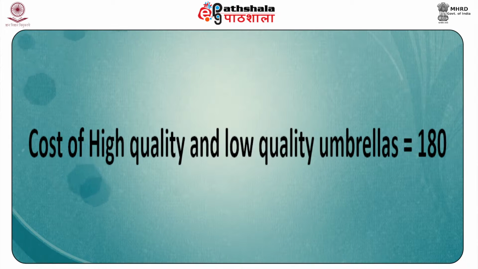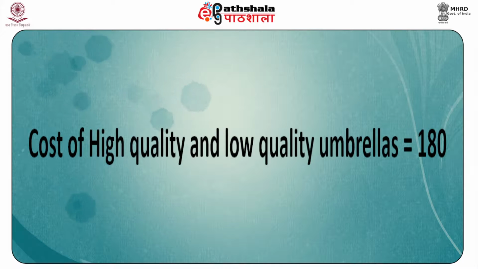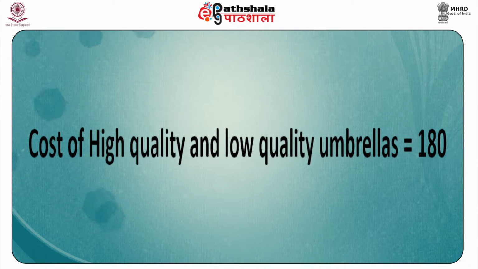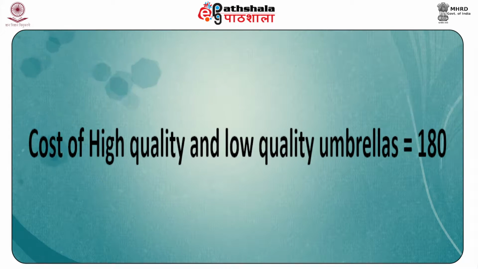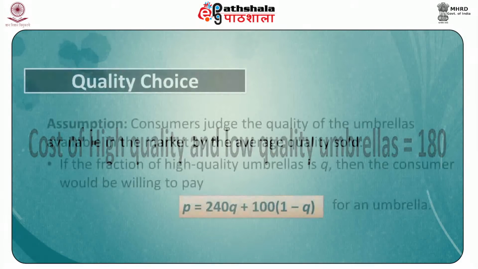Now suppose that some manufacturers produce high quality umbrellas and some produce low quality umbrellas. Now suppose further that both high quality and low quality umbrellas cost rupees 180 to manufacture and that the industry is perfectly competitive. In such a situation, what would be the equilibrium quality of umbrellas produced?